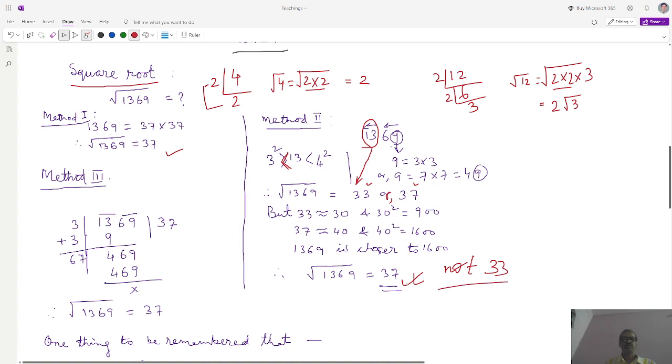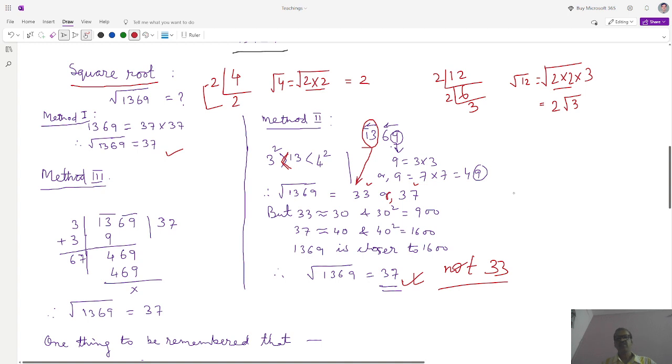Okay. So there are some decision-taking matters here, but it is a very fast method. If we practice on some problems, then it will be easy to find out the square root value.